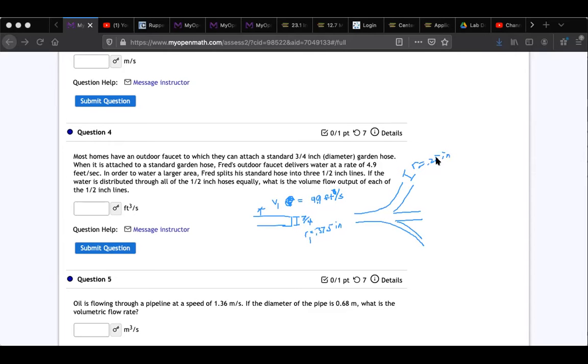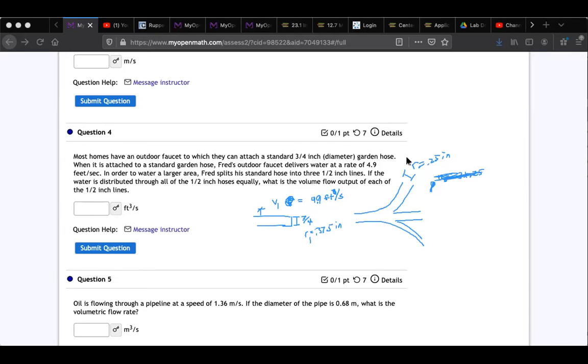But there's 3 of them. So you could say that the radius is actually 3 times 0.25. So we'll make a combined radius, call it R2, with a combined radius of 3 times 0.25. Well, that's not a good way to do it, actually, now that we think about it.